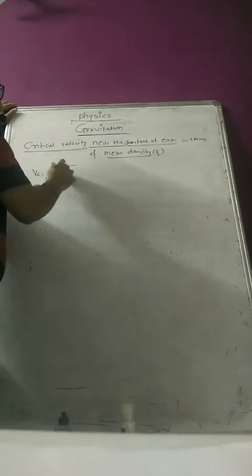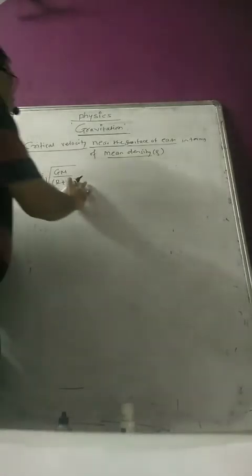Now we have calculated that the critical velocity above the surface of the earth is the square root of GM by (r plus h). Not a square.